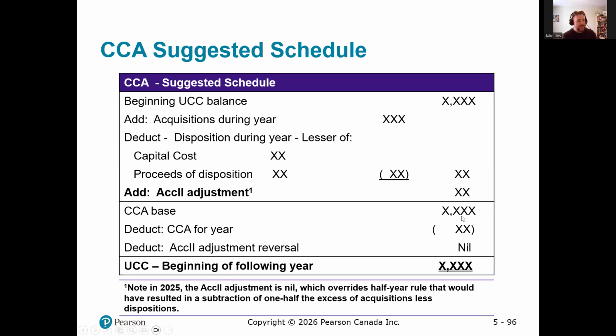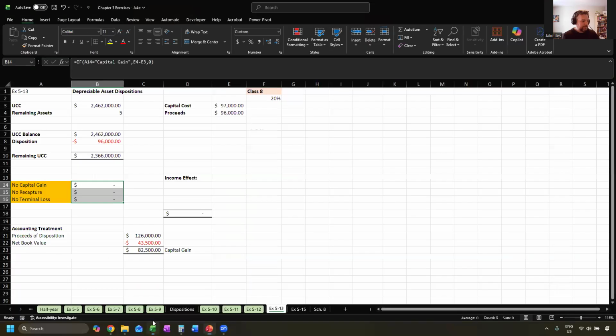So the CCA base is the net effect, and then we take CCA. So if our disposals get rid of our UCC balance, then there's no need to progress to the CCA calculation because we know it's going to be zero. This style is much more in line with how the tax return does it. That's in line with the Tax Act.